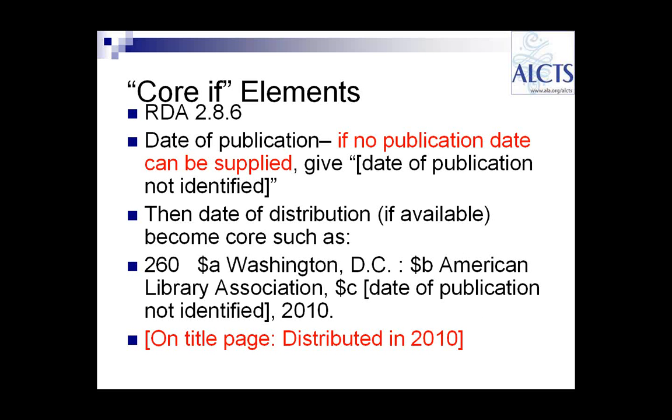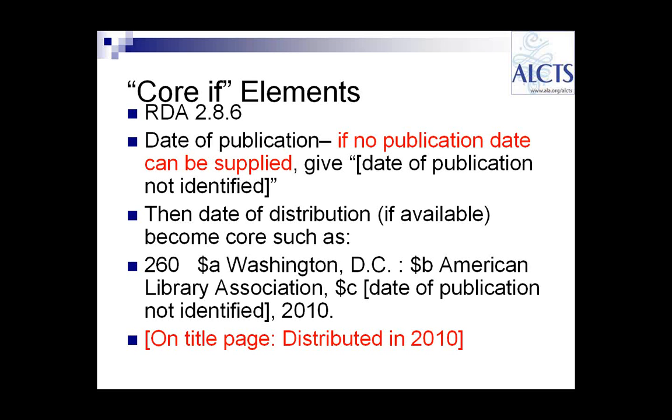And then within RDA, there are core if elements. For example, the date of publication is core, but if the date of publication cannot be supplied, if there is no date of publication, then you would give in square brackets date of publication not identified. Okay.